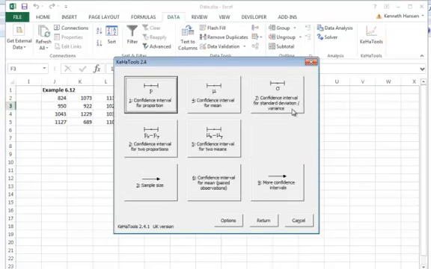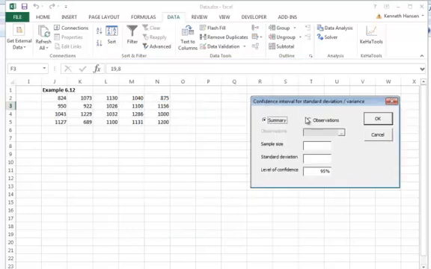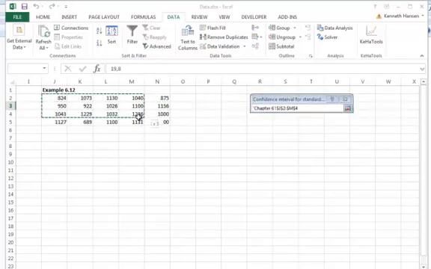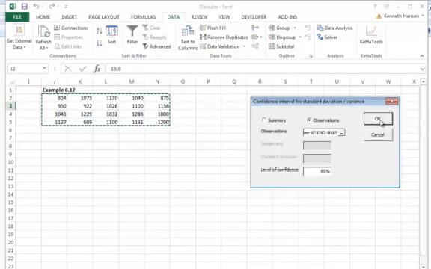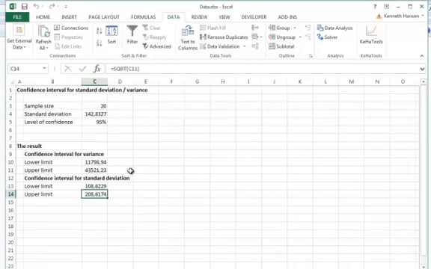If we find this button and mark our observations, we get a confidence interval for the standard deviation. The standard deviation for the burn time is between 108.6 and 208.6 hours. We can also square these numbers and get a confidence interval for the variance. That's all, and thank you.